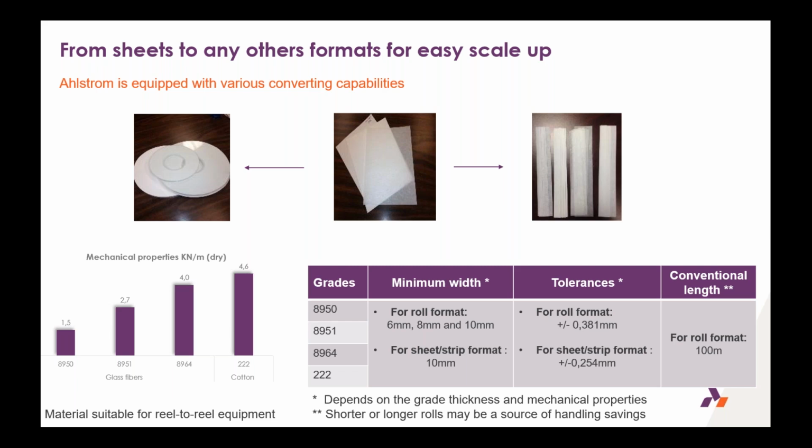For all grades in the starter kit, they are available in narrow widths and very low tolerances, which is not the case for all grades on the market. Finally, especially for roll format, the conventional roll length is 100 meters, but longer or shorter materials can be dimensioned to specific apparatus or for limiting the handling and saving time at the end.